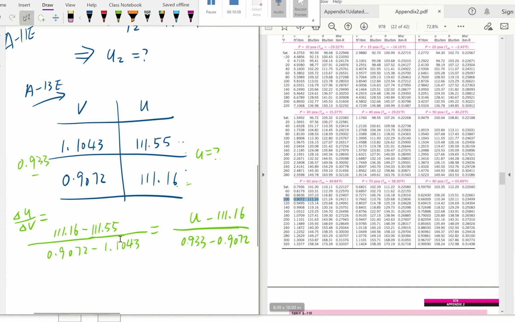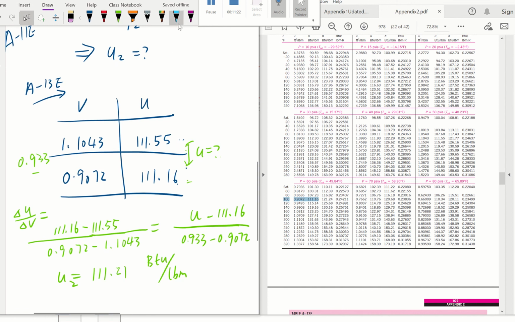Alright, so we'll go ahead and calculate, see what we got for this U2. So with calculation, we got U2 as 111.21. Well, that's about right, in between those two values. So the unit here is going to be BTU per pound mass, and that's going to be our U2.